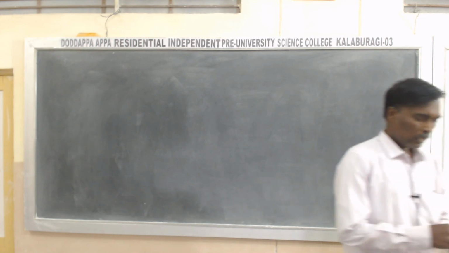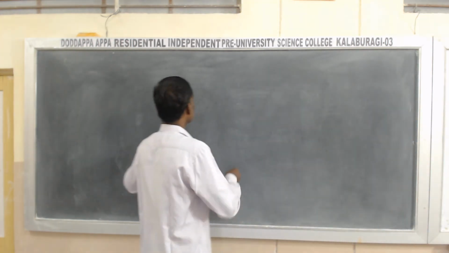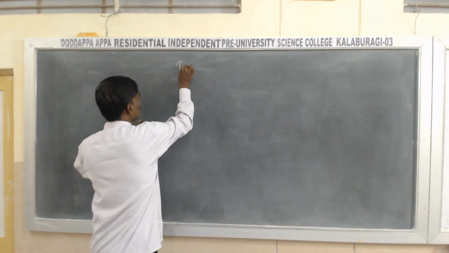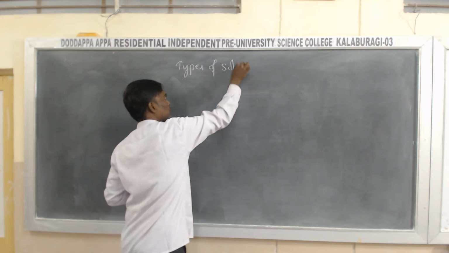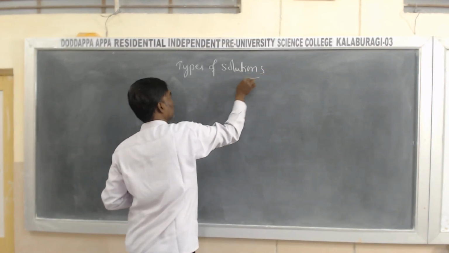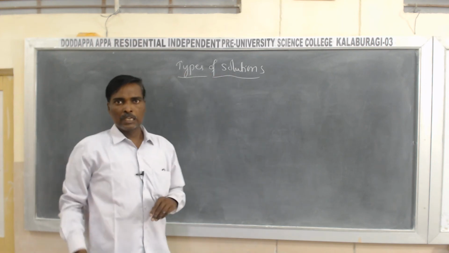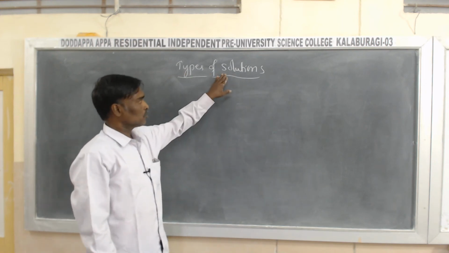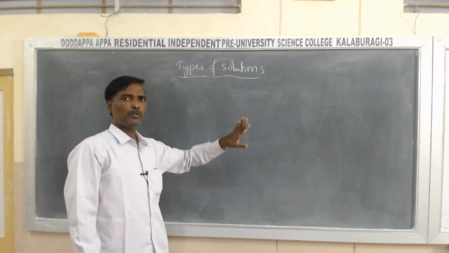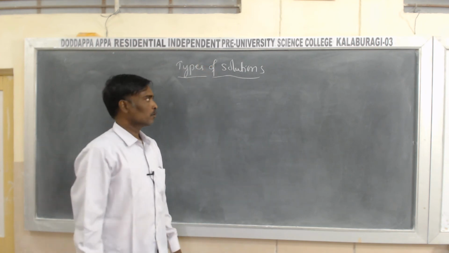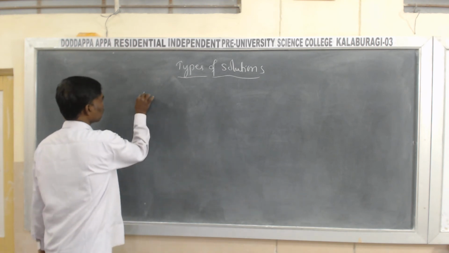Okay, next friends, let me discuss the types of solutions. Here we classify solutions based on osmotic pressure. This type classification is purely based on the osmotic pressure. There are mainly three types of solutions.